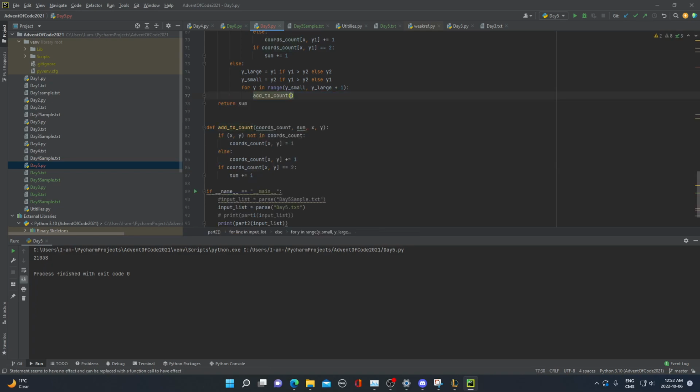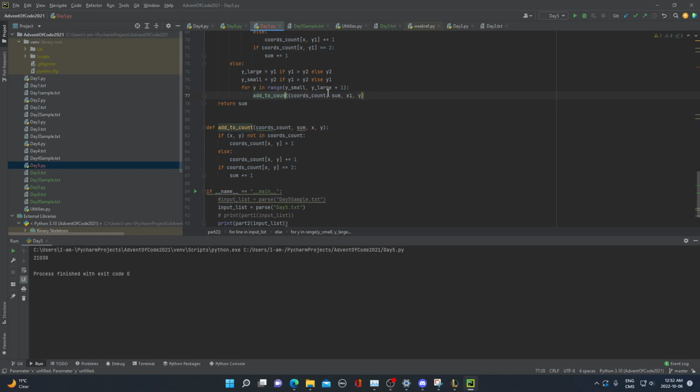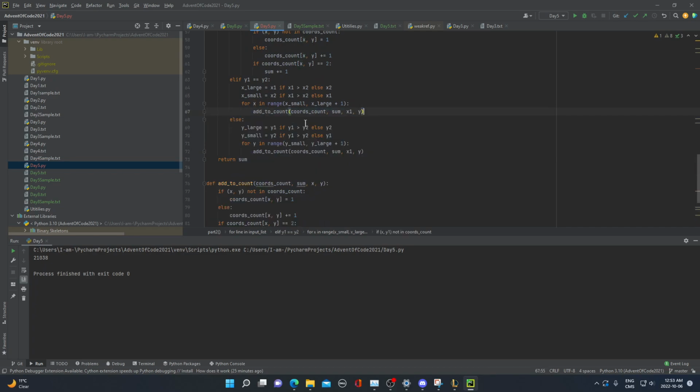We can have add to count, coords count, sum x, y, and y. Do the same here. x and y1.